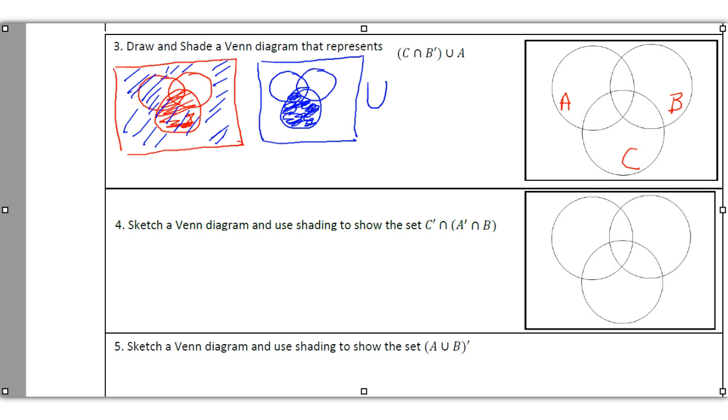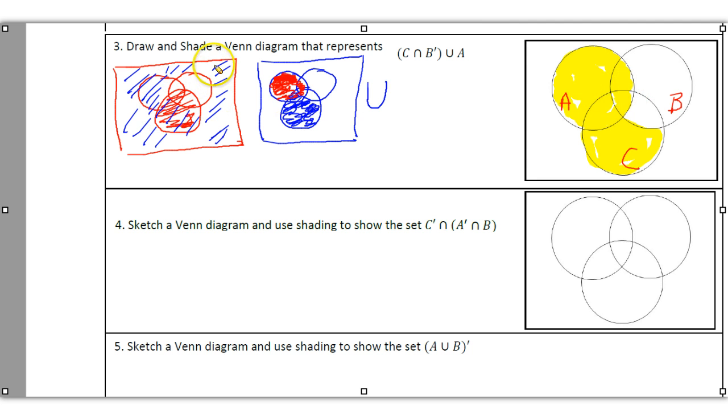Well, that's sort of easy. We're just going to say this is set A. And that's what our answer would be here. So officially it will look like this.